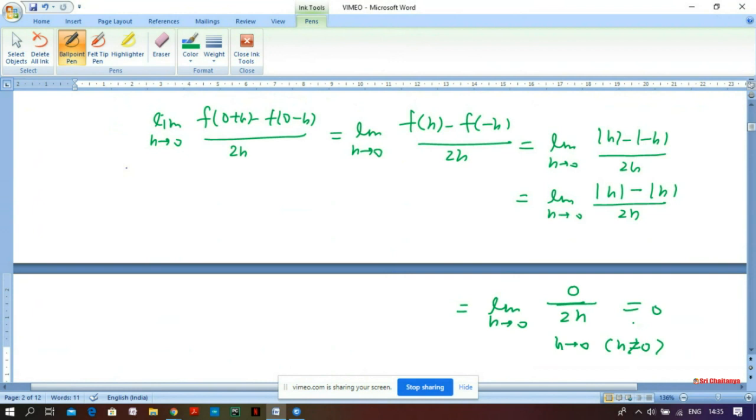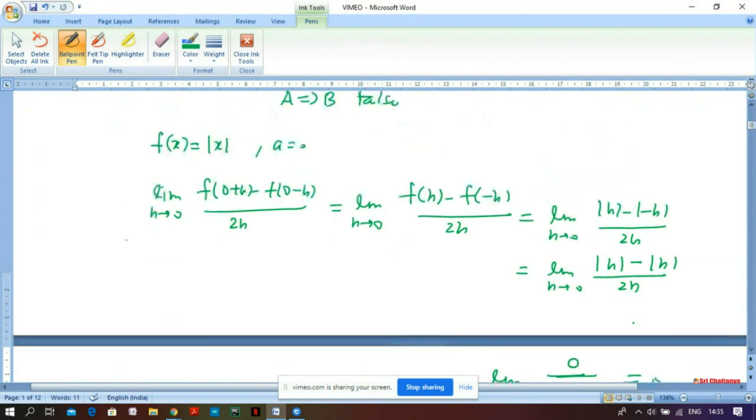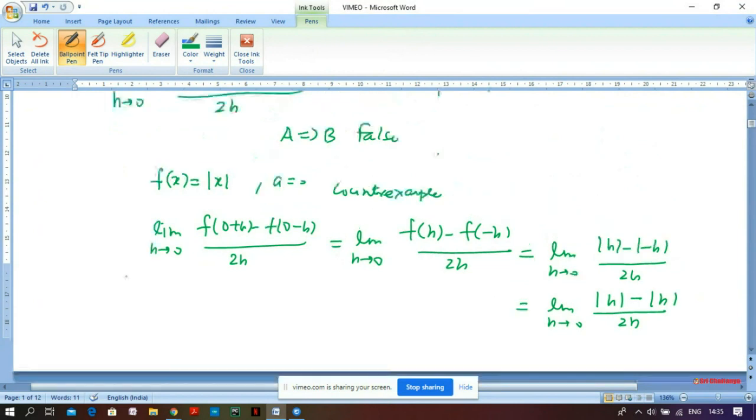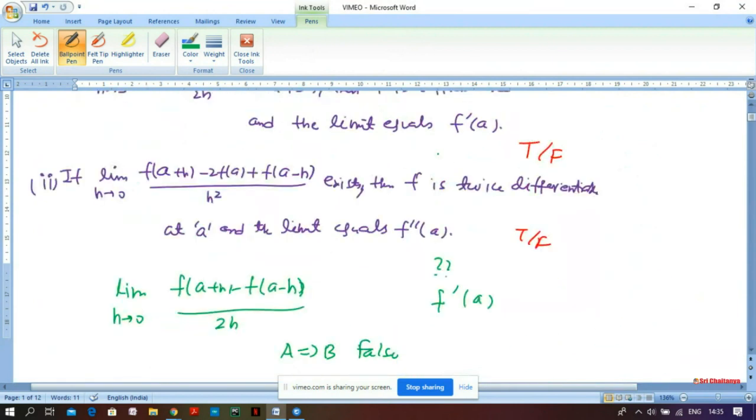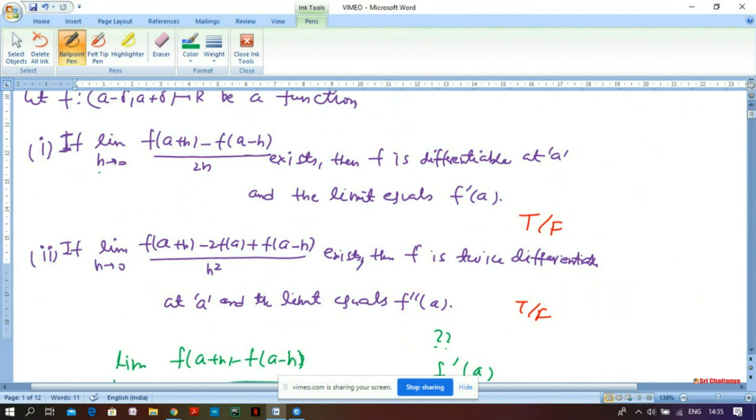So first of all, I have given you one example. In maths it is called a counter example. So I have given you a counter example for this fact: if this limit exists, then make up your mind about f prime of a. You told it is false. So you're saying it is not true, it is false.